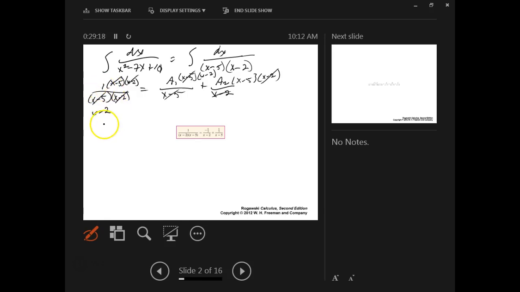Okay, the left-hand side becomes what? 1. It doesn't change. Right-hand side becomes? 0. The first one goes to 0. The second one is? A2 times... No, not 0. What was x equal? That's why I wrote it down. 2.